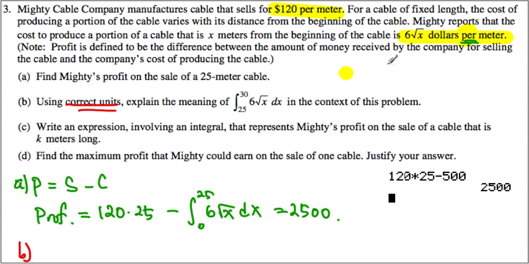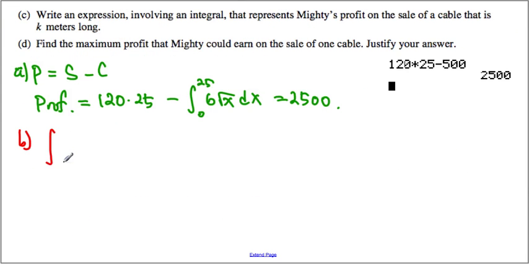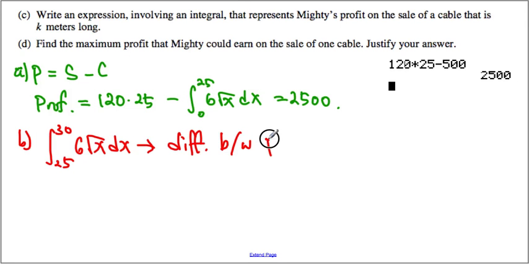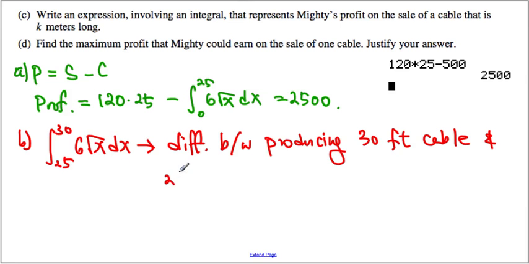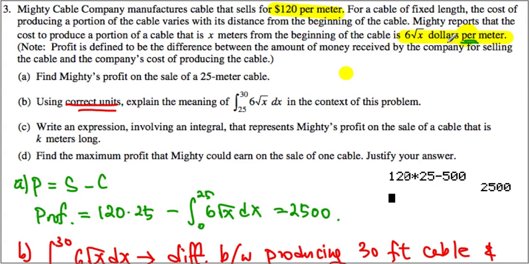Since this one talks about the integration of cost, in other words, 25 to 30 talks about the difference between producing 30 feet of cable and 25 feet of cable. In this case, dollars.